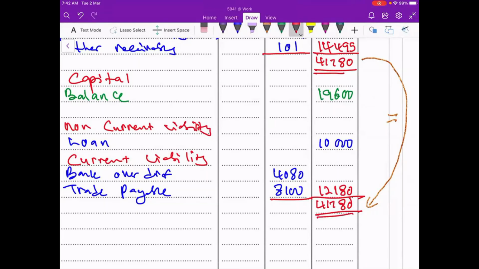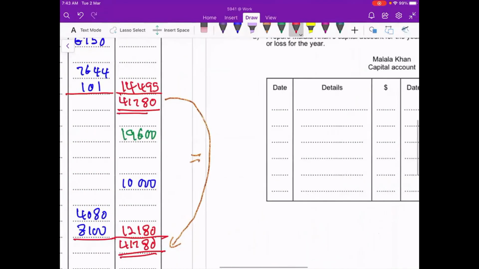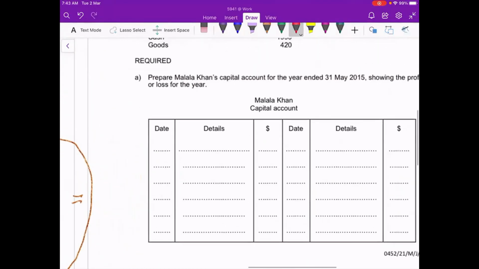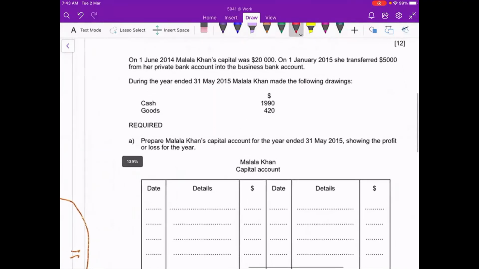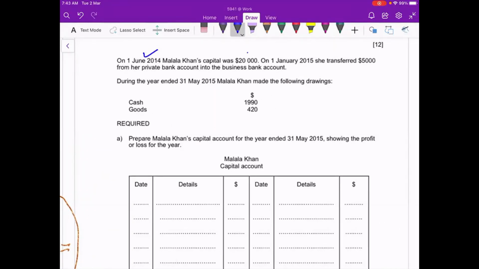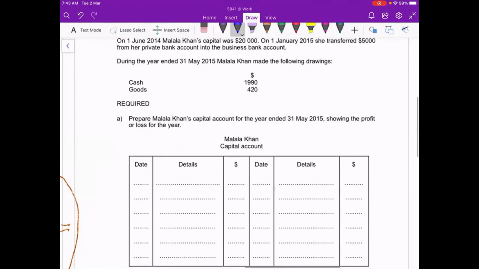After we do the statement of affairs, we will do the capital account. The capital account is here. We read the question, June 2014, Malala Khan capital is 20,000. So this is my opening capital. Opening capital, your balance BD will be on the credit side, balance CD will be on the debit side. So this is 20,000.